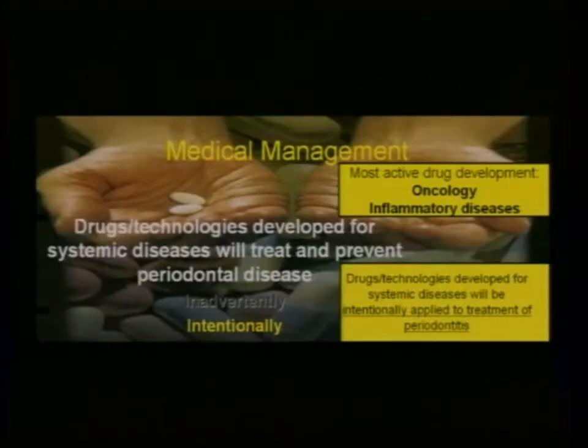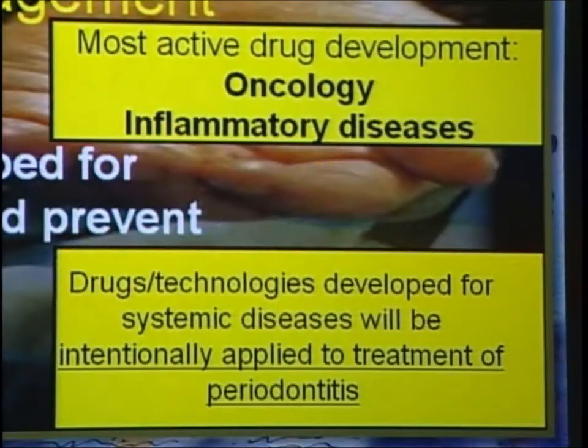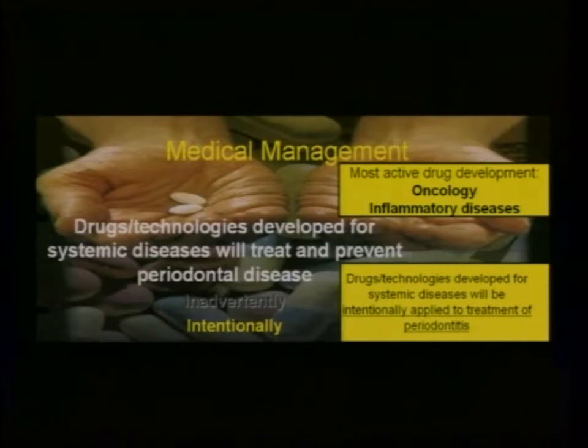On top of that, there are drugs that are being developed that will be used to treat periodontitis intentionally. The most active drug development today is in oncology and inflammatory disease. It takes a tremendous amount of money and resources to get a new drug through the FDA. Periodontal market's not big enough to do that. But my friends, inflammation is inflammation, and the drug companies know that.